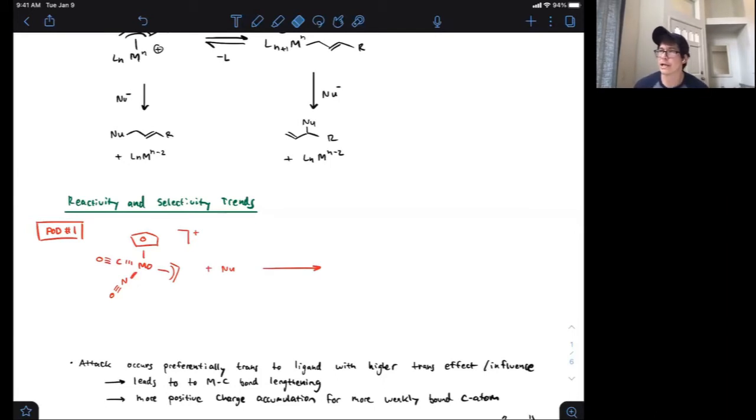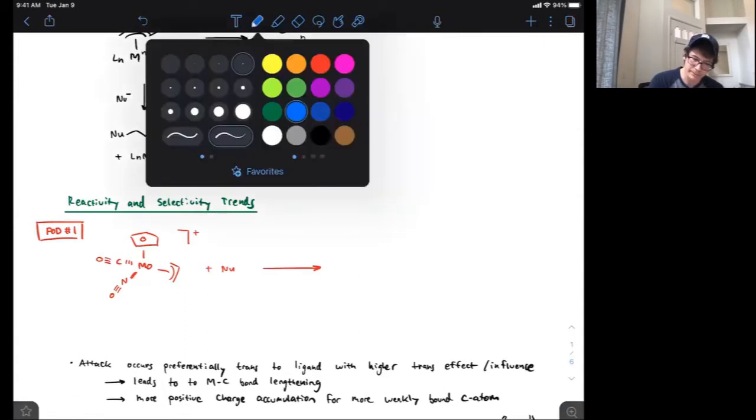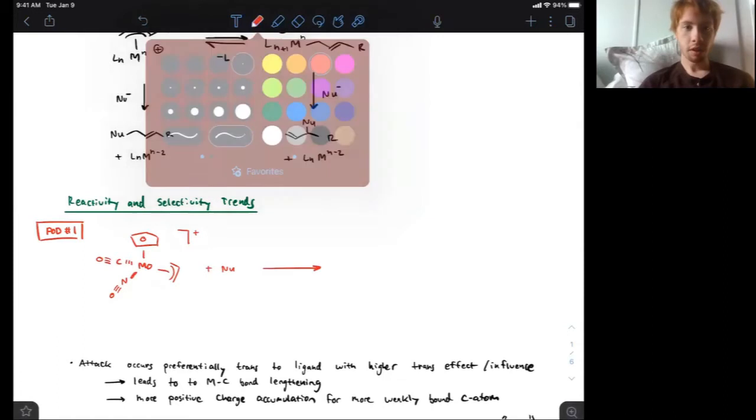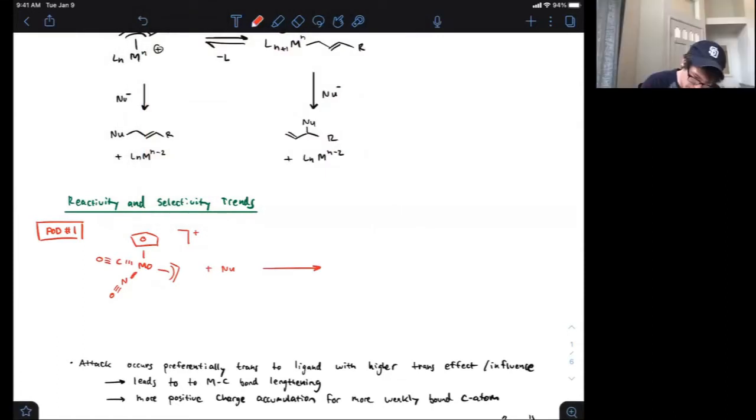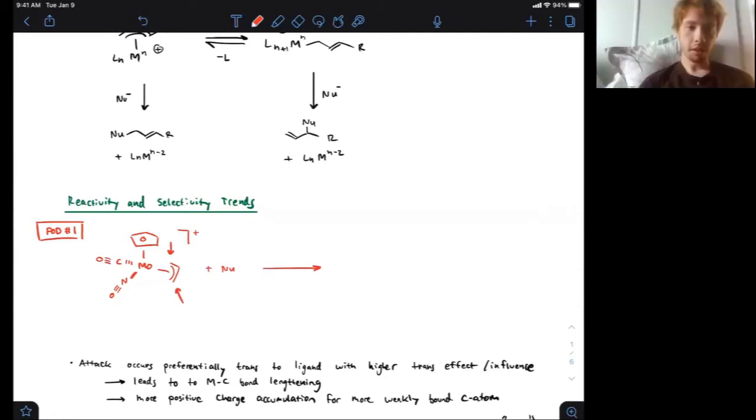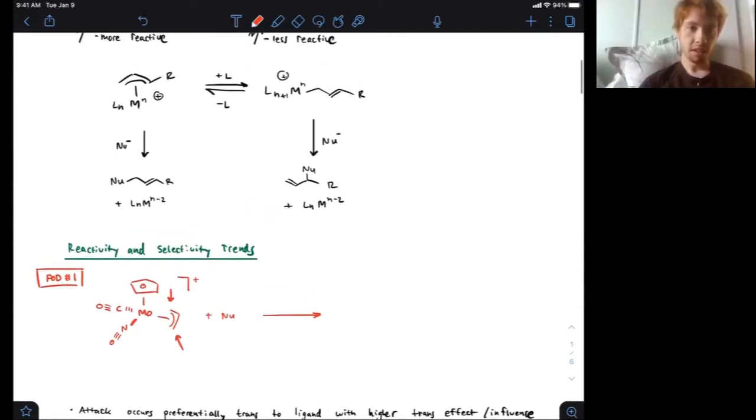So let's say, Daniel, you hinted at this phenomenon, so I'll put you on the spot here. First, which of the 2 organic fragments, the pi fragments, would be attacked? The allyl fragment. Okay. And now you have 2 potential paths of attack. I would think it would be the one syn to that nitro.